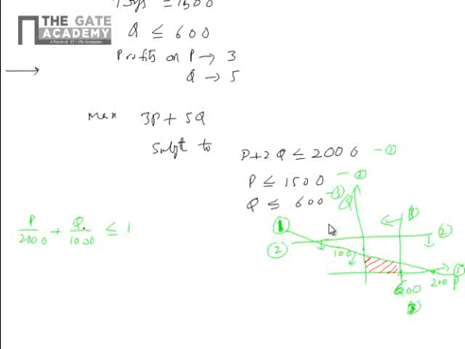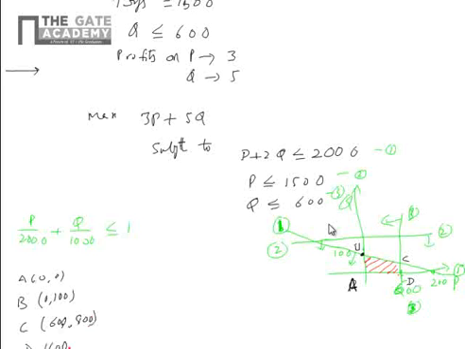There are points like A, B, C and D. A is nothing but 0, 0. B is 0, 1000. C is the intersection point, 600, 800.